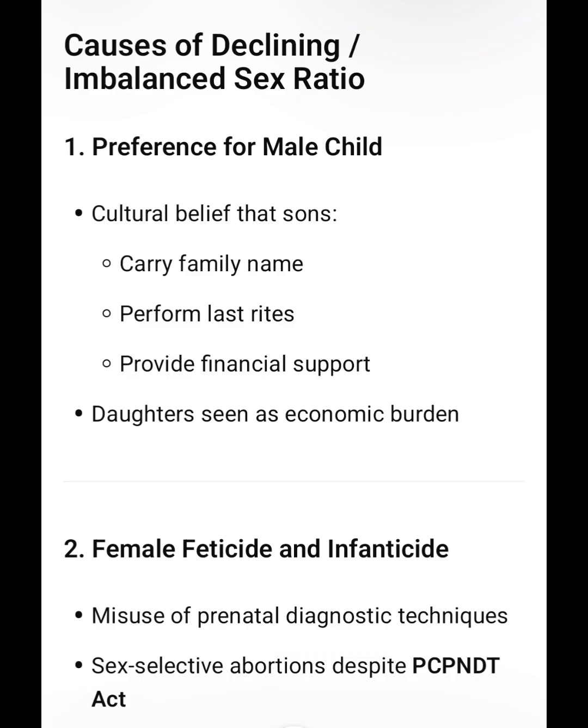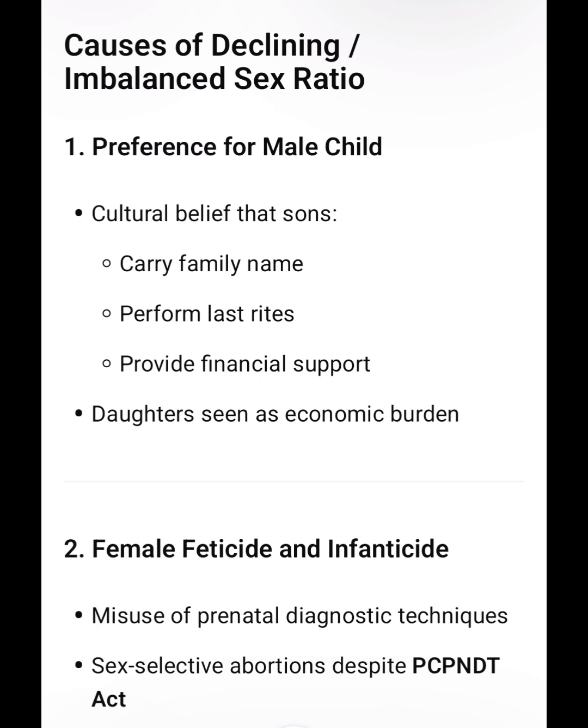And next one, what are the causes? The causes of a declining, imbalanced sex ratio. The first one, preference for male child. Culturally, they believe that sons carry the family name, perform the last rites and provide financial support, and daughters are seen as an economic burden. The second cause, female feticide and infanticide, through misuse of prenatal diagnostic techniques.